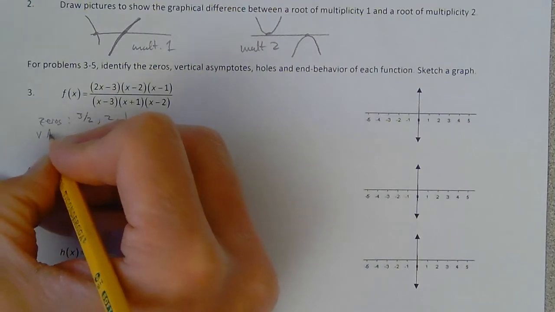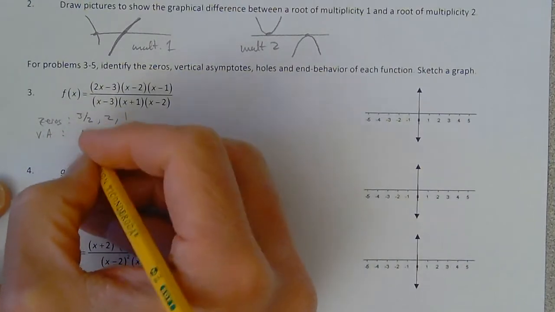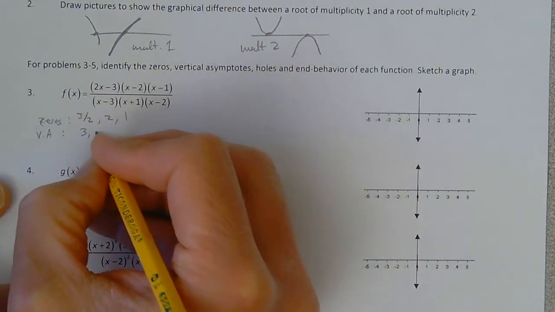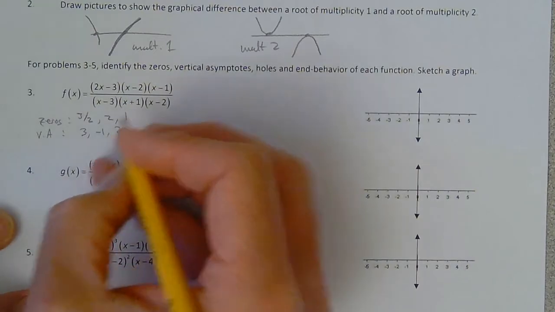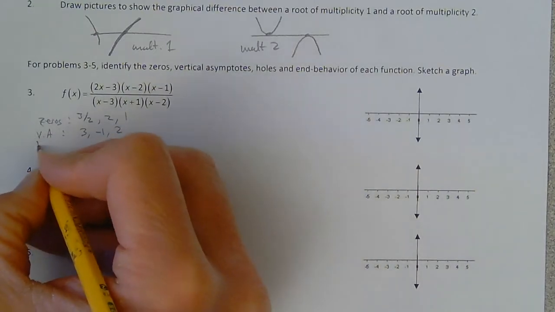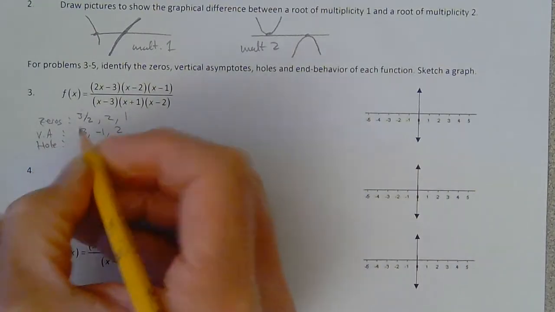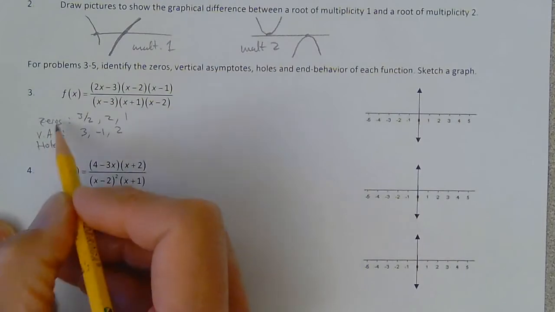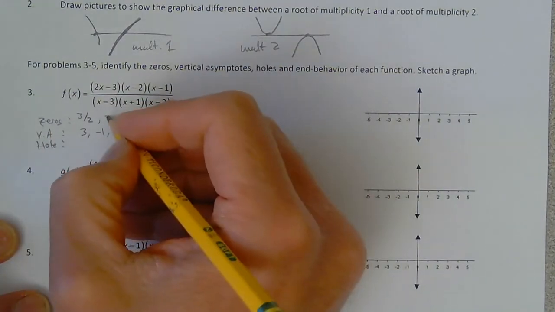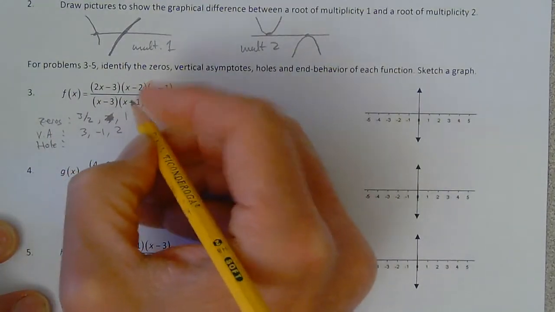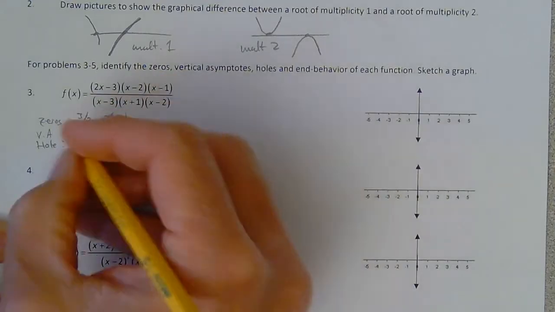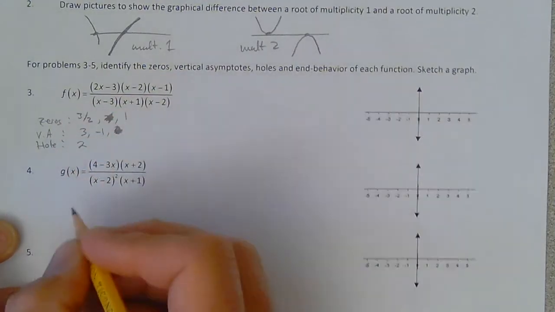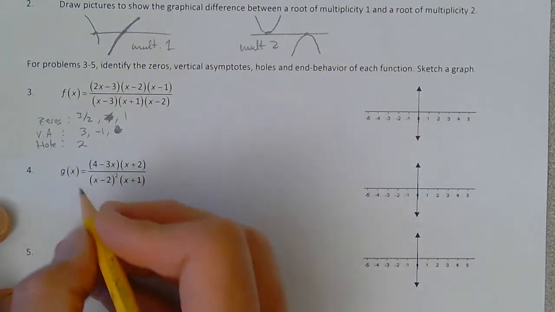The vertical asymptotes come from the denominator. That's a 3, a -1, and a 2. Places where there might be a hole are where there is an argument between zeros and vertical asymptotes, which means that 2 is not a zero and it's not a vertical asymptote. X equals 2 is where the hole is.